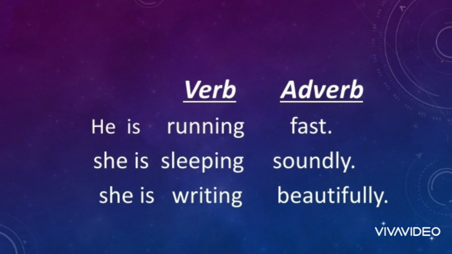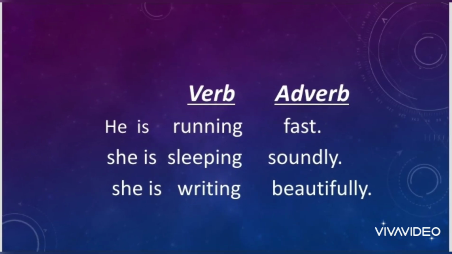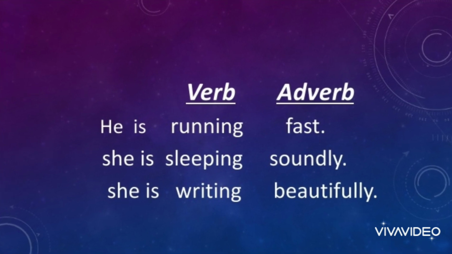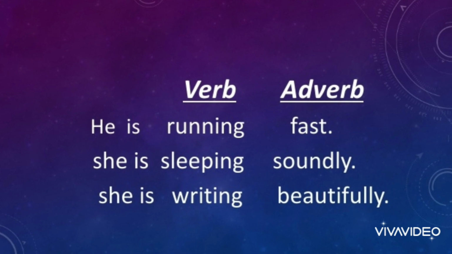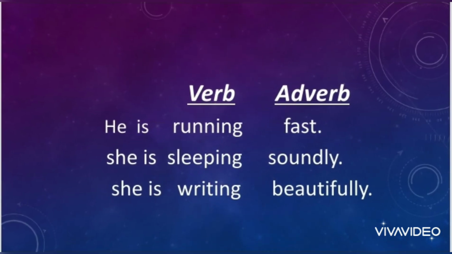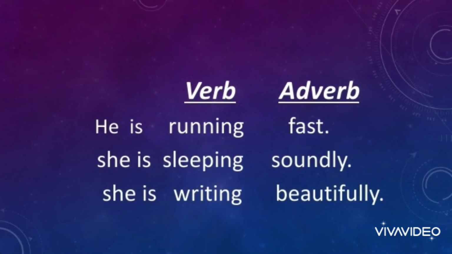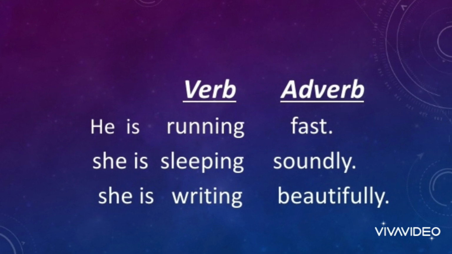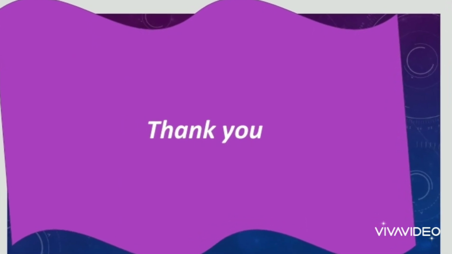And this is not difficult at all. We can think about other examples also. It means he is sitting quietly. Yes, this is an example of adverb. Another thing, he is walking slowly. Yes, this is a good example.